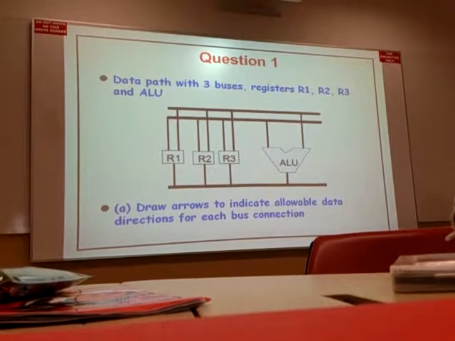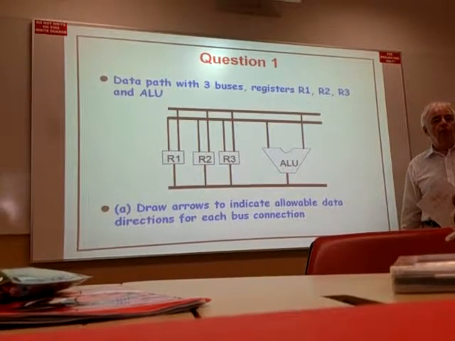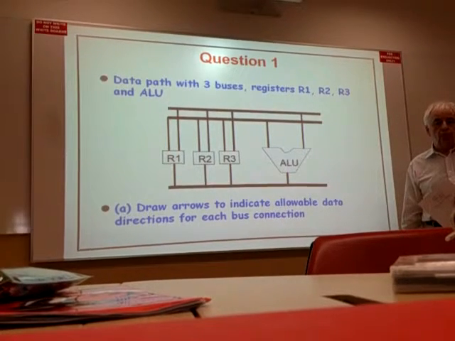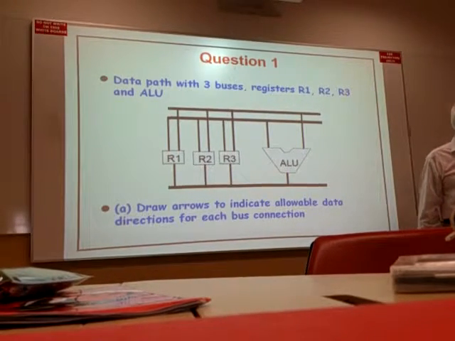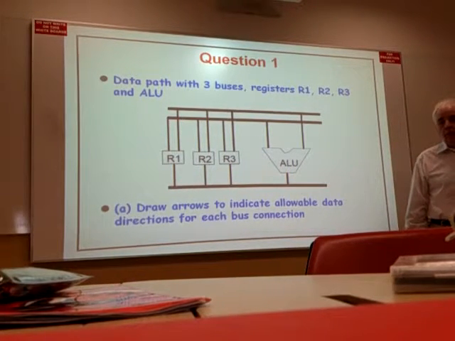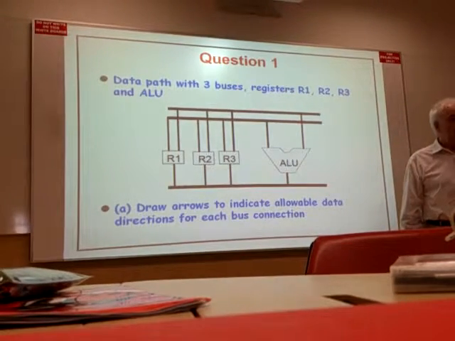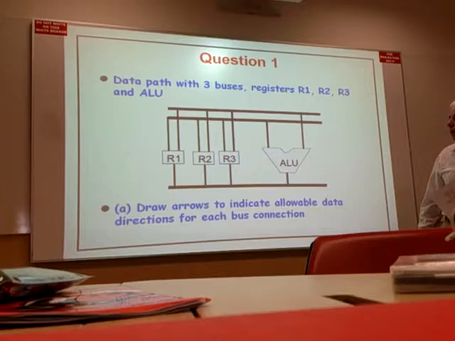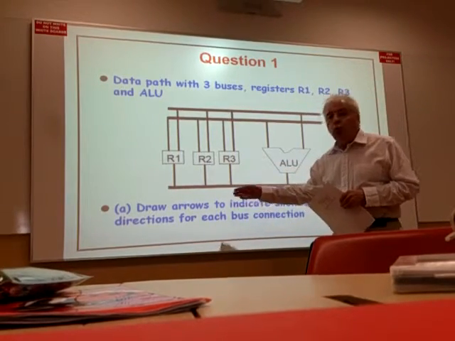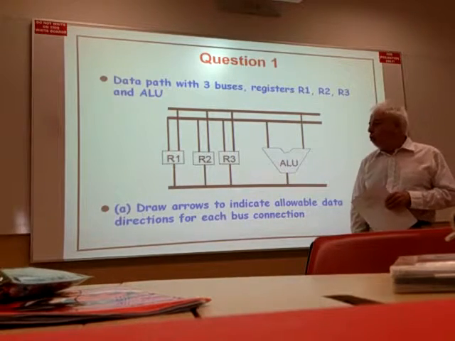Okay, so in this architecture we have 3 buses, and the question asks us what direction is the data flow.